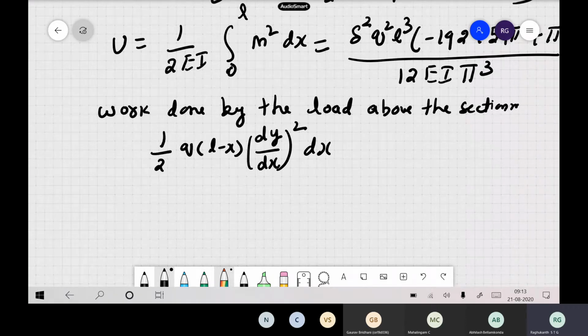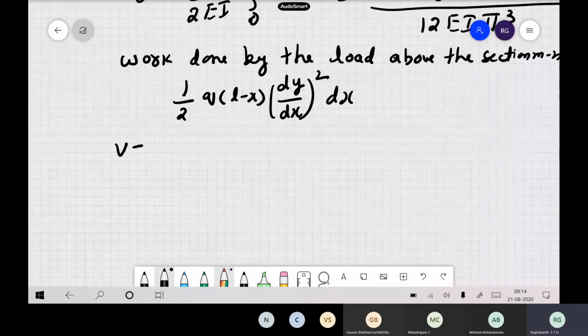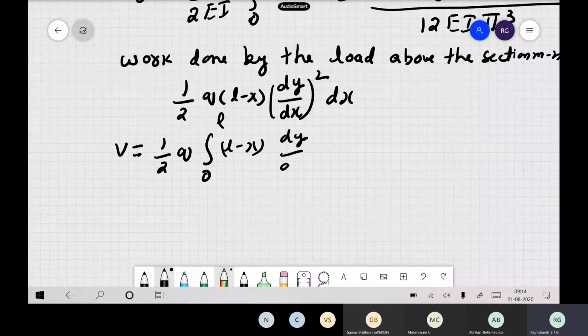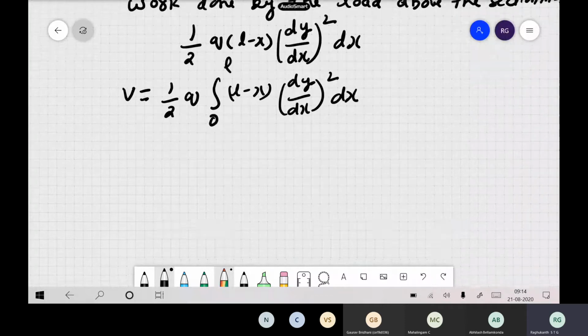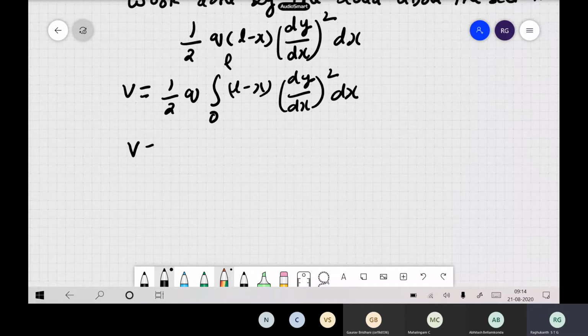Now the total work done also becomes an integral, because the load is a distributed load. So this becomes half q, integral 0 to L, L minus x, dy by dx whole square dx. Now you substitute your y and all other expressions.